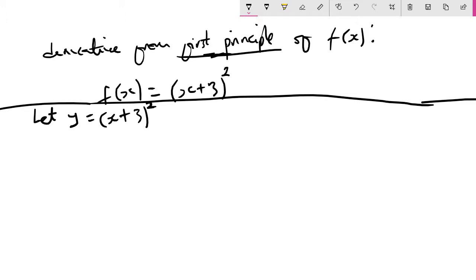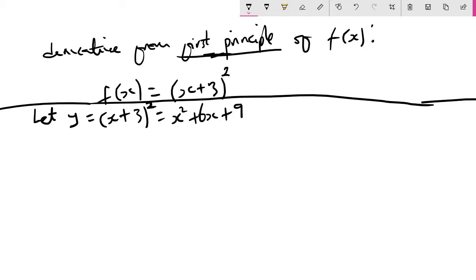Again, like I said at the time, you should always try to picture them on the x and y axis. That way you are able to really imagine the slope changing, stuff that I explained, and so on and so forth. So we can expand this to get x squared plus 6x plus 9.